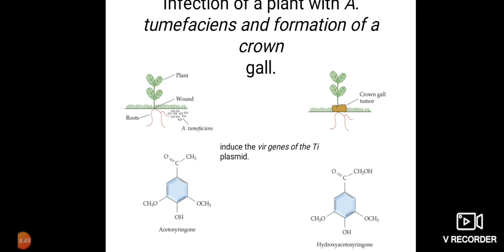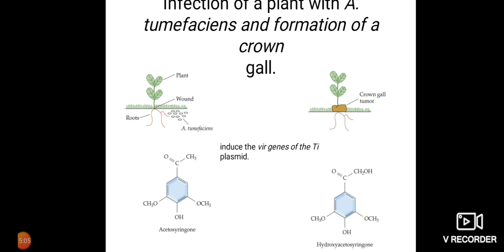One such organism which people extensively used for gene transfer in plants is Agrobacterium tumefaciens.